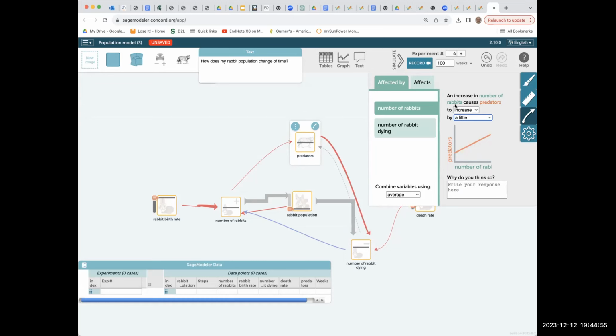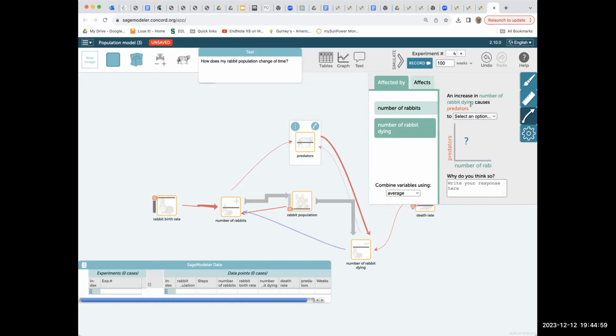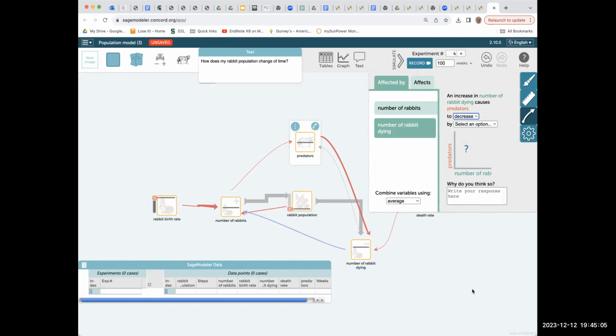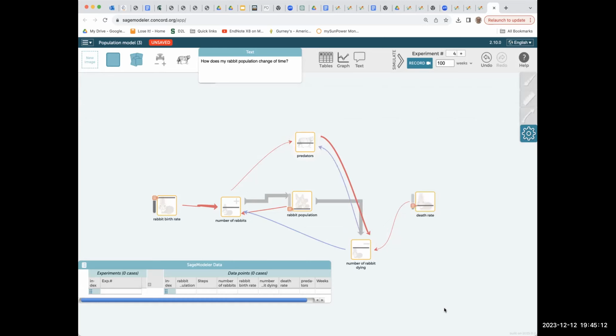So an increase in the number of rabbits dying causes the predators to decrease. That's another feedback loop. And I'm going to say about the same.